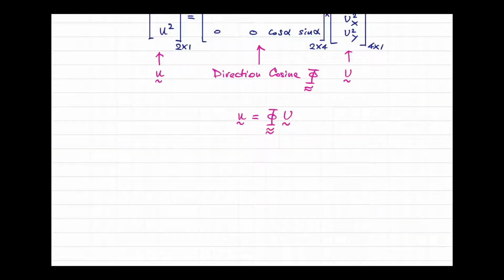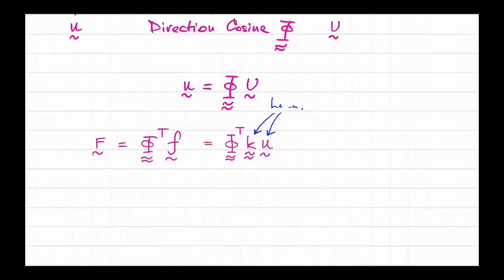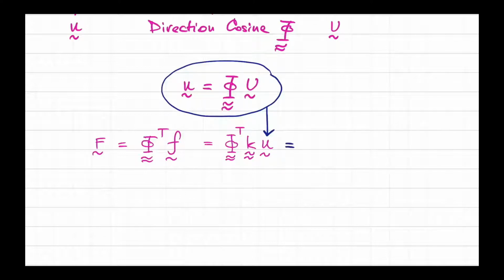So we revisit this equation and we find that the whole thing here is going to plug in there. So that means the phi transpose times the k, well, this is still local, phi and u.